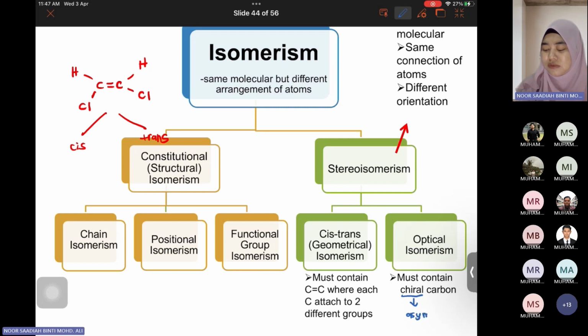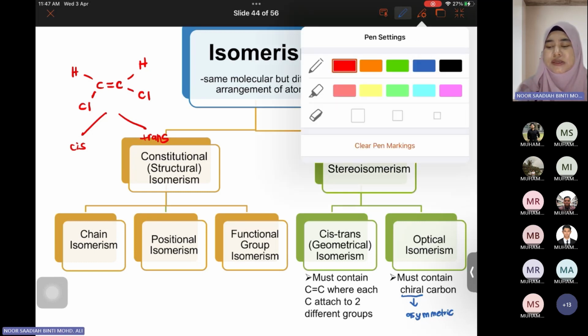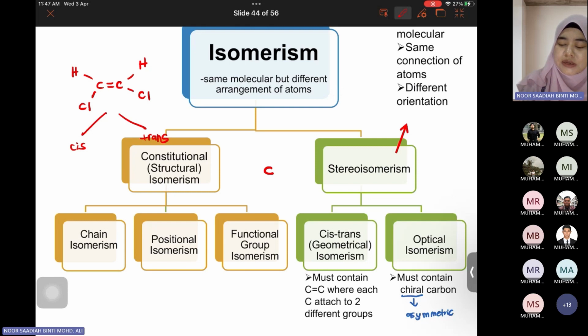Are you familiar? Asymmetric means what? Asymmetric means not symmetrical, not balanced. Asymmetry means not symmetry. In order to be a chiral carbon, the carbon must be bonded to a total of 4 different groups of atoms.